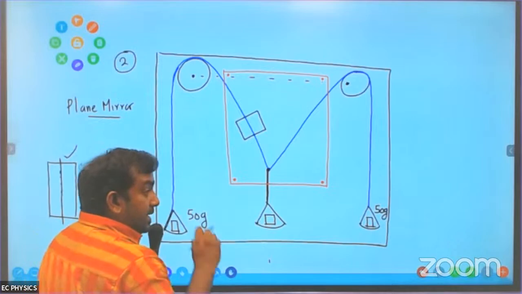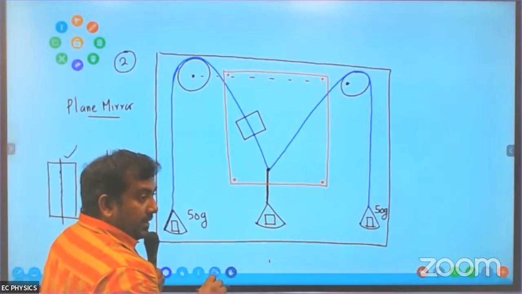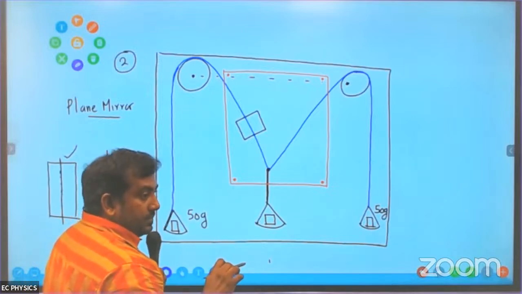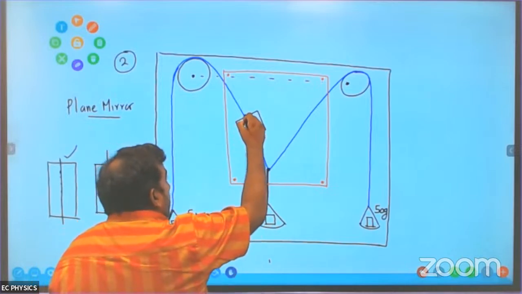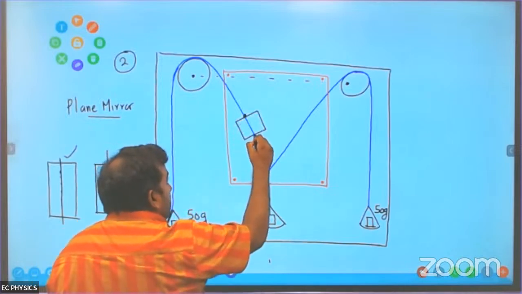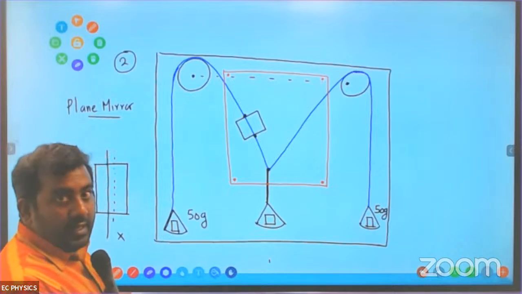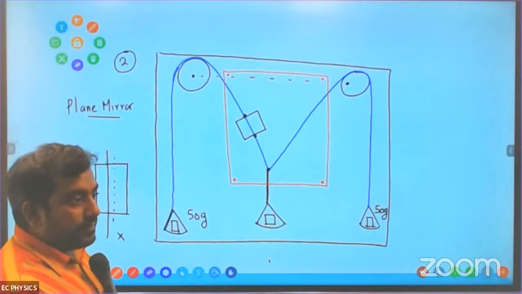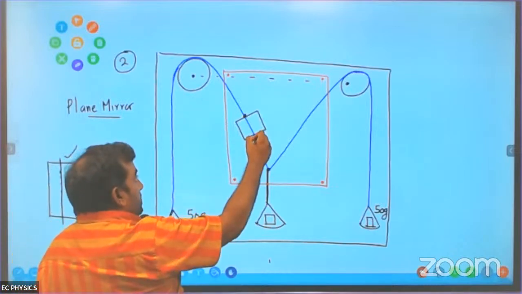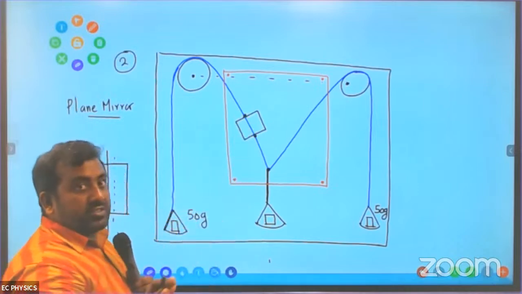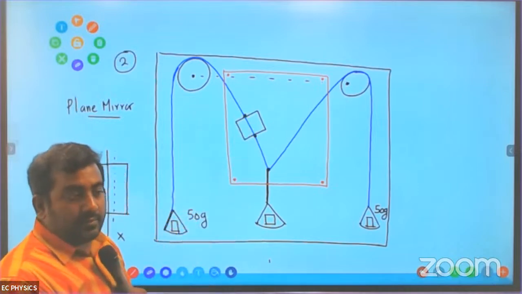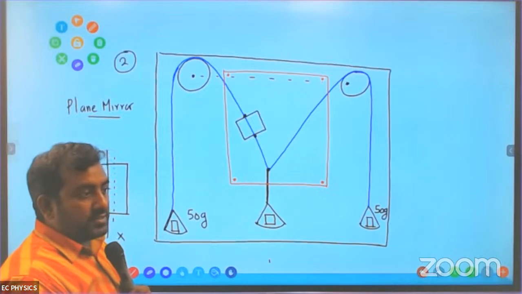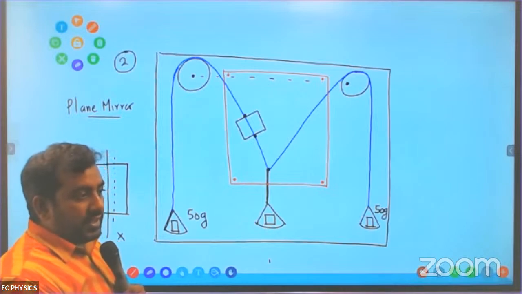So when the string and the image coincide with each other, you take a pencil, and you project these points here. So remember this very carefully.